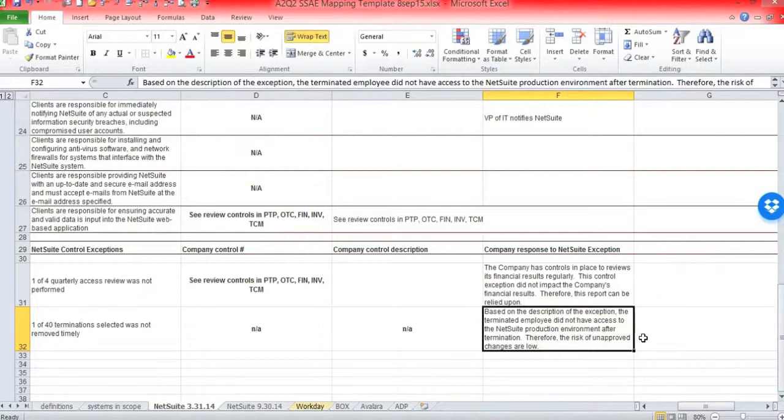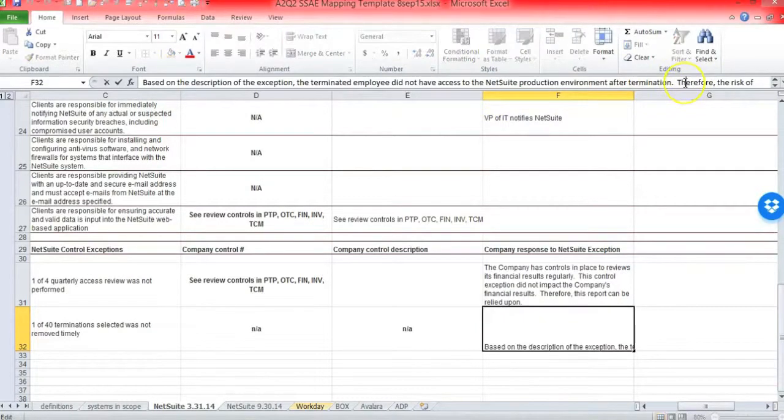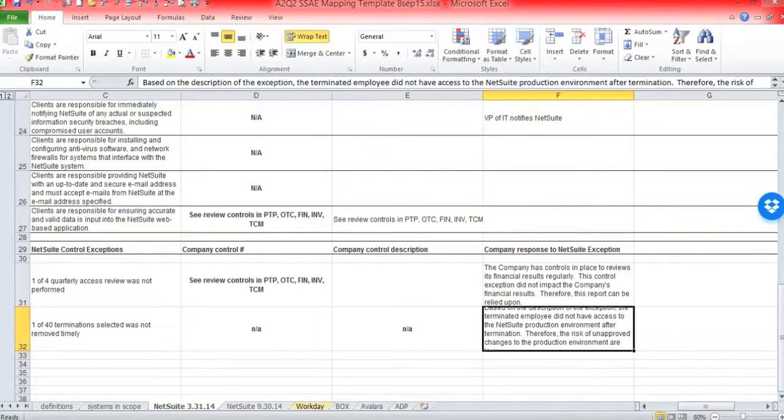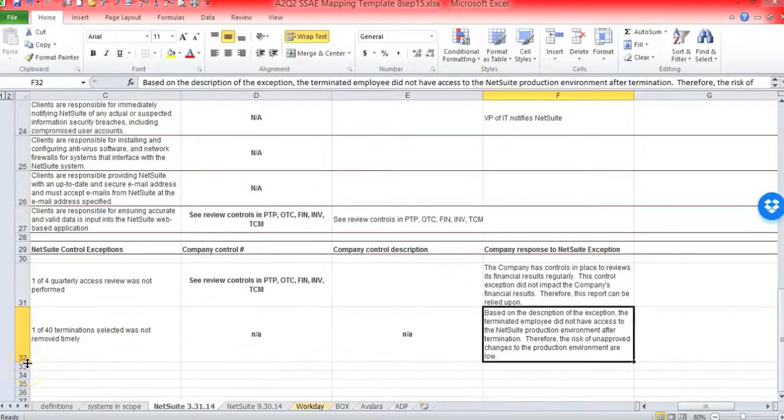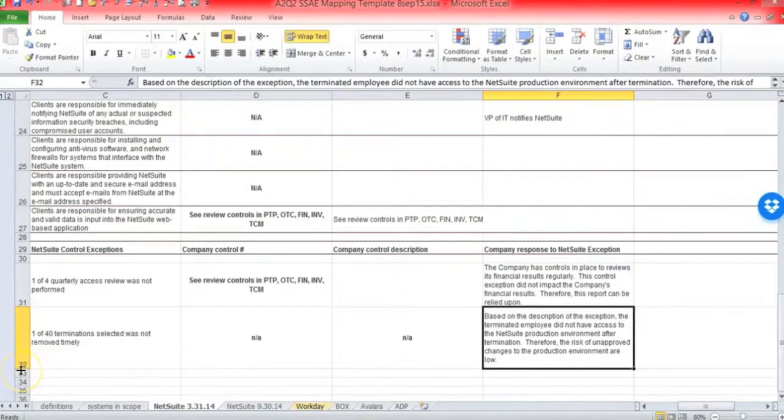Therefore, risk of unapproved changes to the production environment are low. And that way I don't have to have a control, because I've assessed that even though they had an exception, this person didn't go back and do anything, so there is no risk.